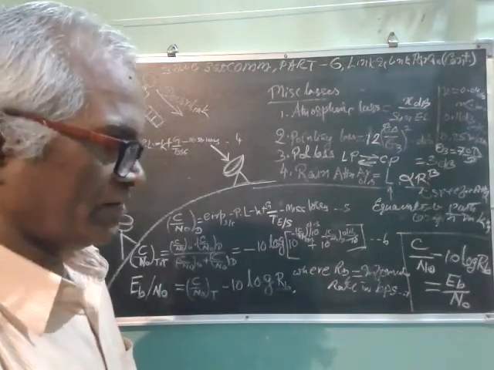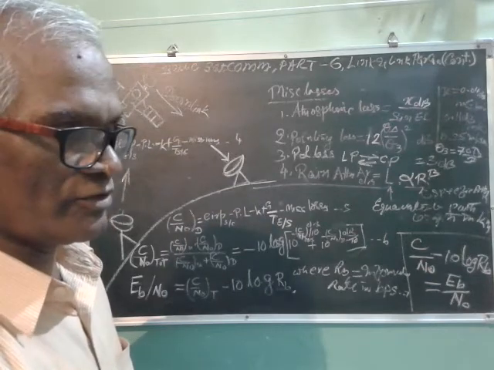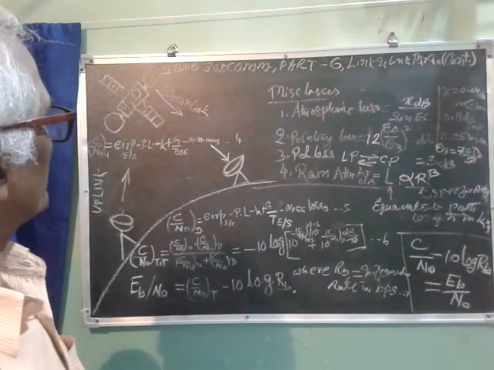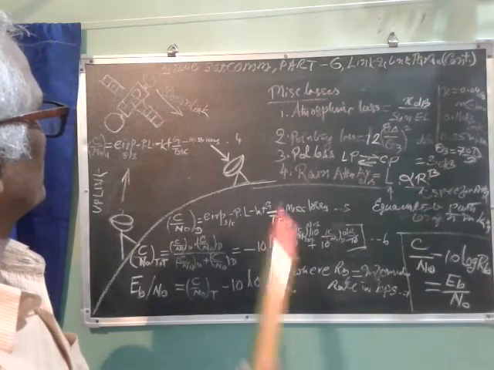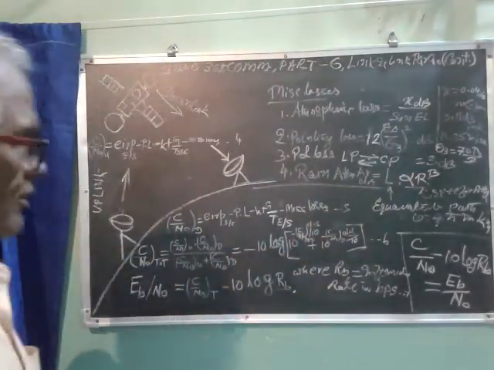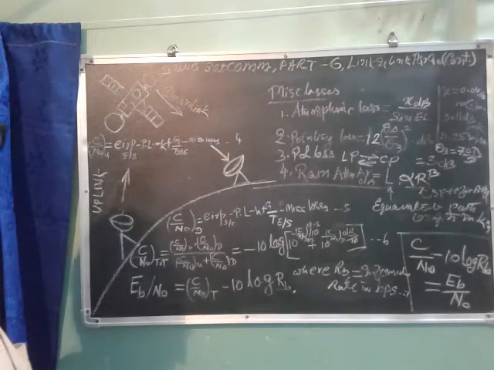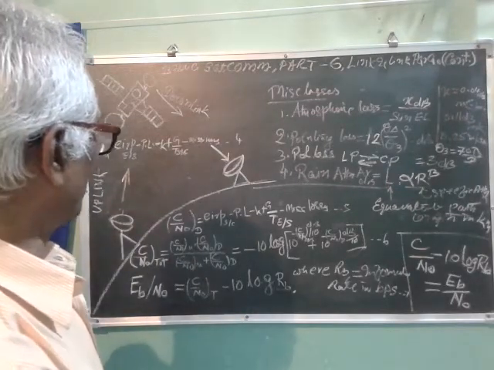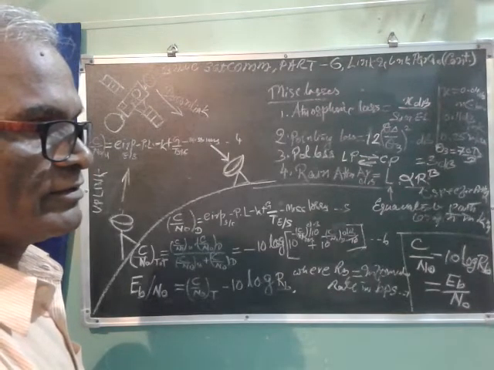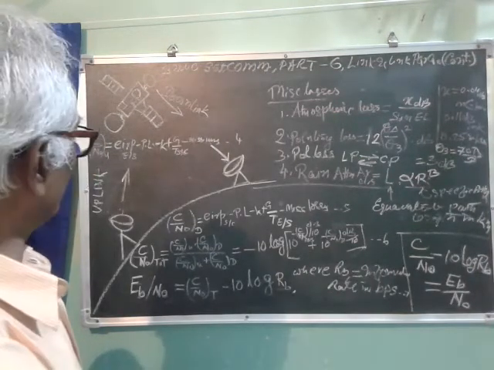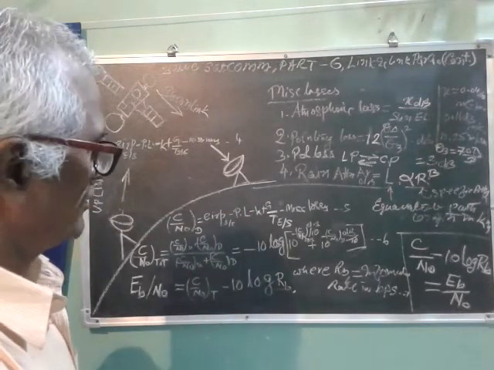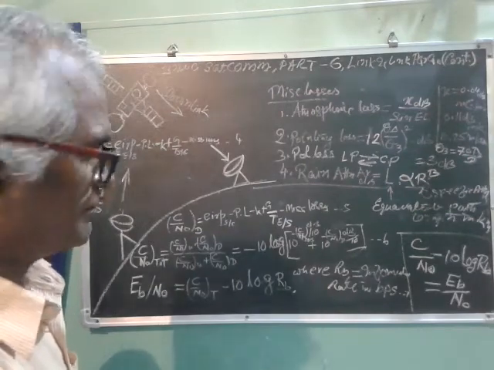In geosynchronous or geostationary satellite communication, we have the satellite in a geo-equatorial orbit. The minimum distance, at 90-degree elevation, is 35,786 kilometers, and the maximum, at 0-degree elevation, is around 42,000 kilometers.